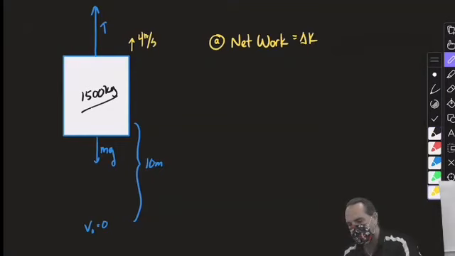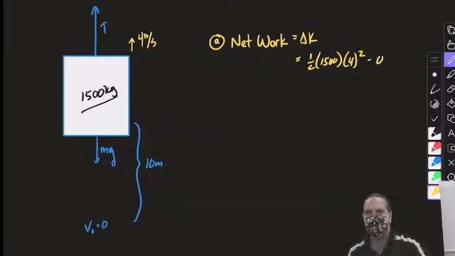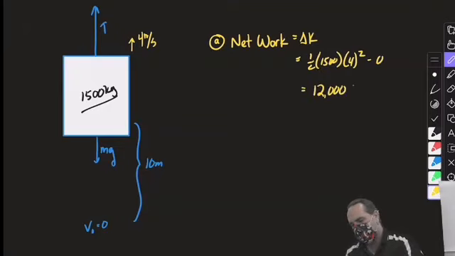So the net work done is going to be 1/2 times 1,500 times 4 squared minus 0. This is the net work done on the elevator by all the forces. And I don't know what this is, but probably pretty big. Is it 16? What's that? 12,000. 12,000 joules.